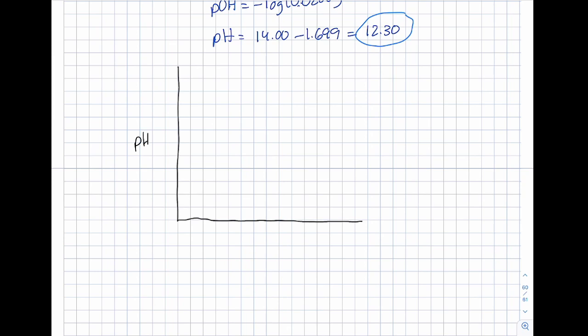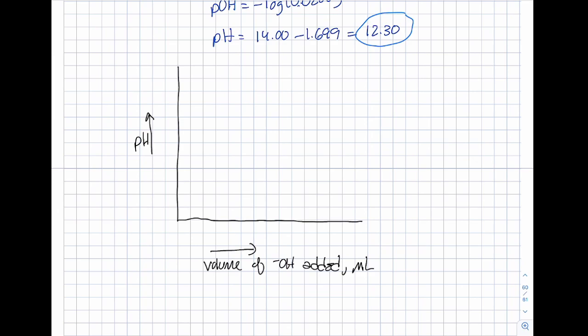So pH is going to increase on my y-axis. The volume of base added is increasing left to right on my x-axis. I might have said that incorrectly. That's my y-axis, my vertical one. So pH versus volume of base added.